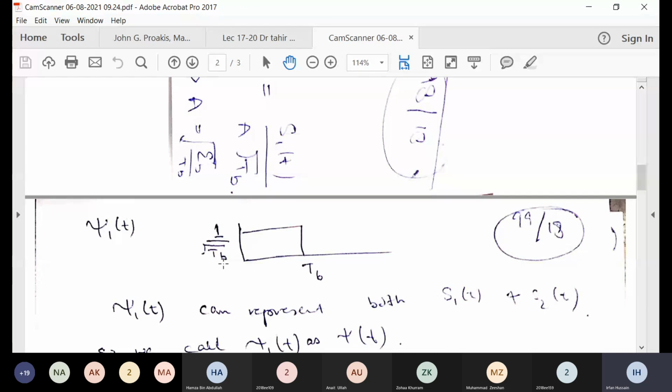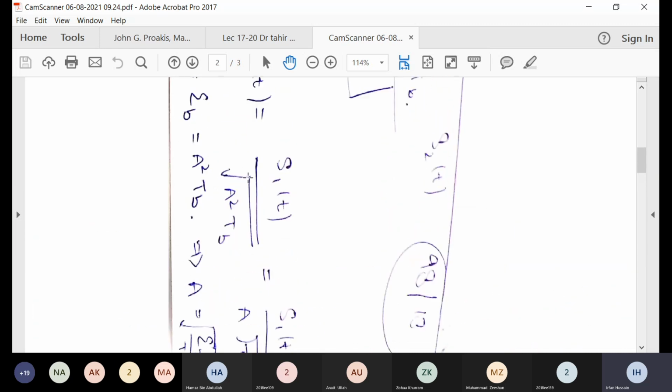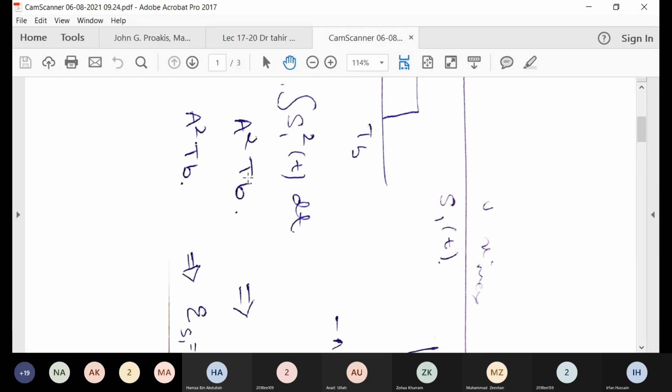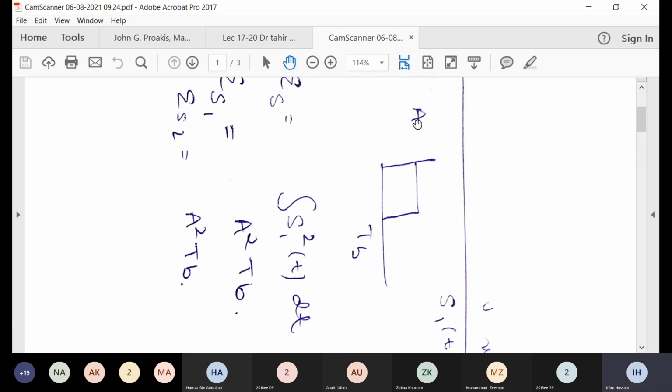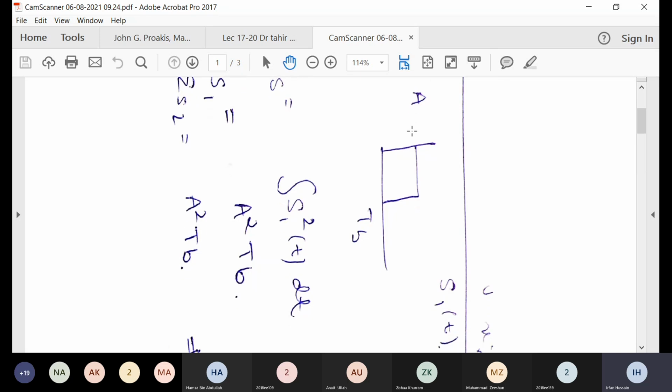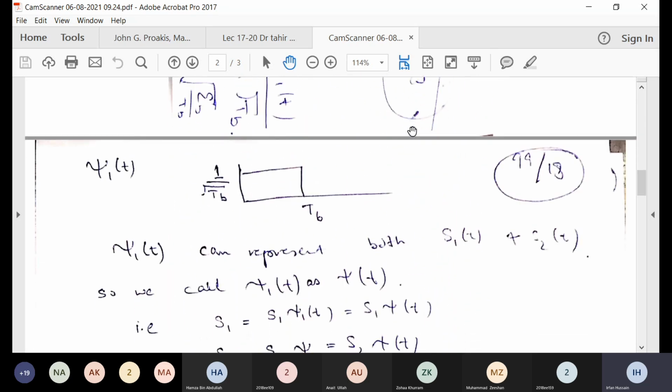So you know S1 was of height A, so A divided by A becomes 1 divided by the square root of TB, so it will be of height 1 over the square root of TB, and the width will remain the same as before, which is TB.